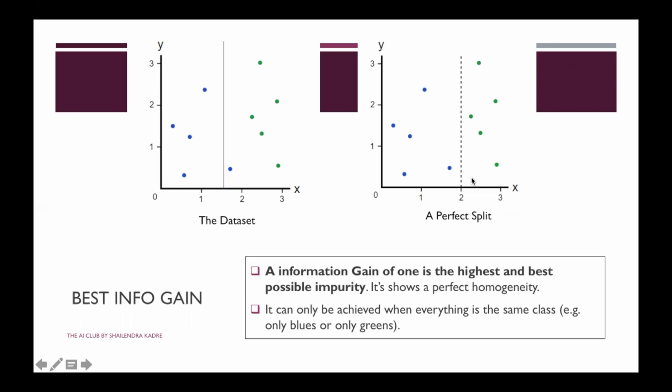While if you consider the scatter plot on the right side, x is equal to 2 is our model, and it is giving us perfect results. As you can see, the information gain should be 1 in this case, and it gives a perfect homogeneity.